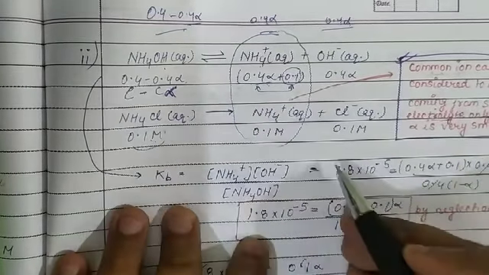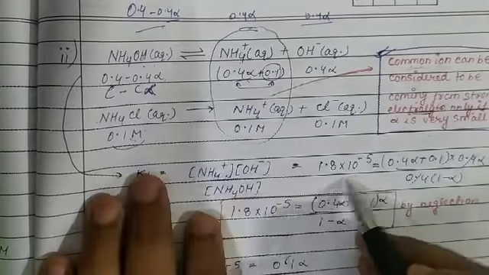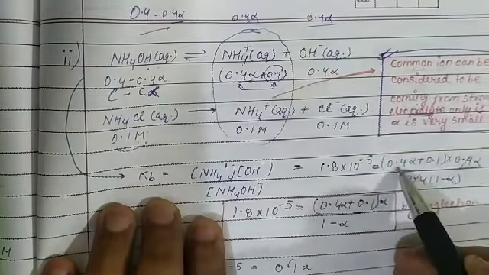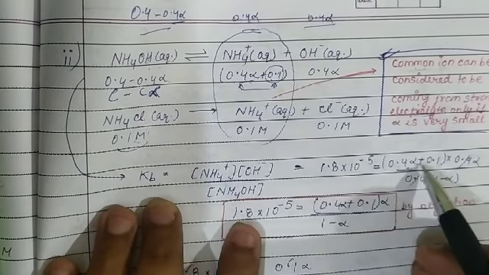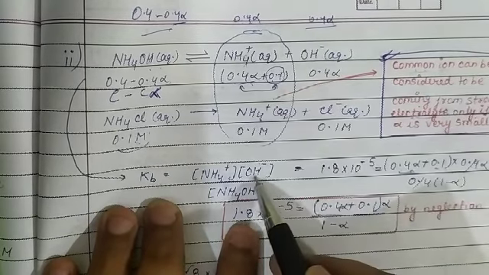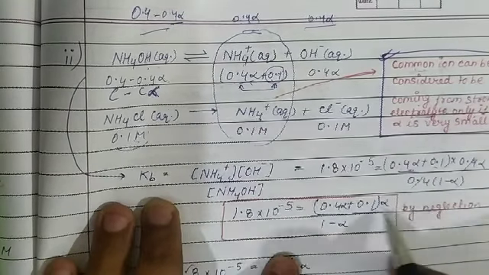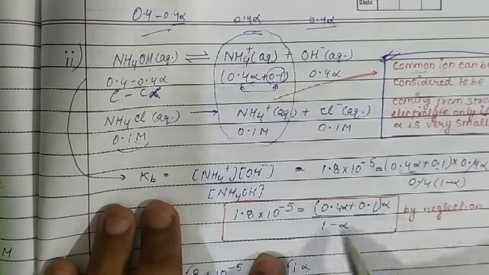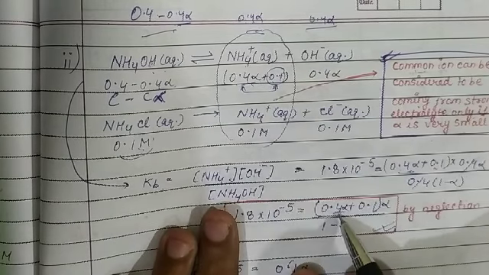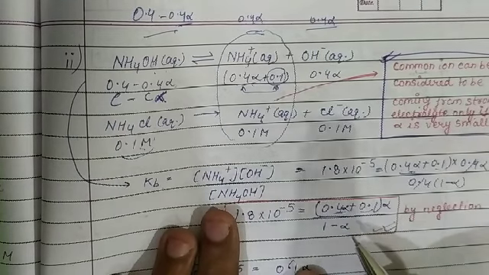Now write the values. The value of Kb is 1.8 into 10 to the power minus 5. The NH4+ is 0.4 alpha from the weak base NH4OH plus 0.1 from the strong electrolyte NH4Cl, and the concentration of OH- is 0.4 alpha, divided by 0.4 into 1 minus alpha. On solving, 0.4 cancels out.